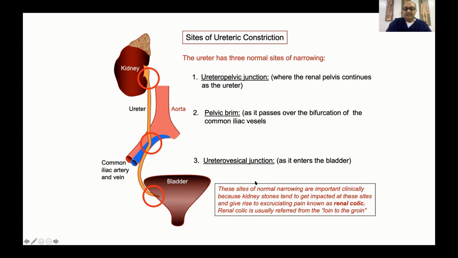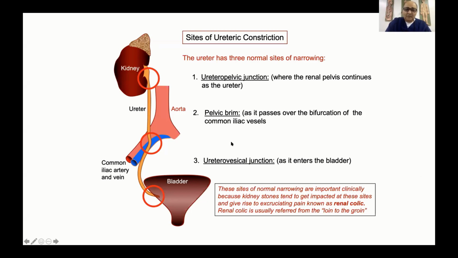So let me read it for you because it's so important. These sites of normal narrowing are important clinically. Why are they important? Because if a stone is formed, what causes the constriction? These are the natural constrictions, Muhammad. Nobody is responsible for that. These are the natural narrow sites in these places.